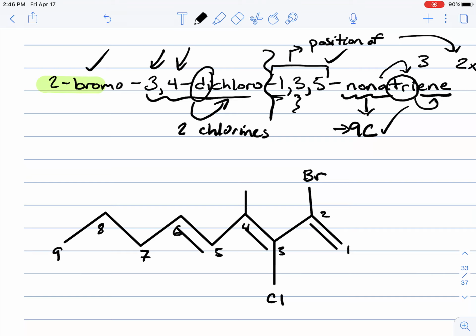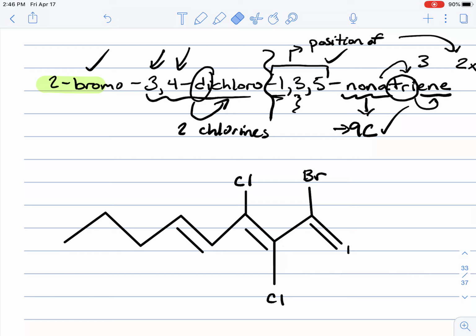Okay. Now if I go ahead and erase these numbers, okay, this is going to be the organic compound that is described by the name that's given.